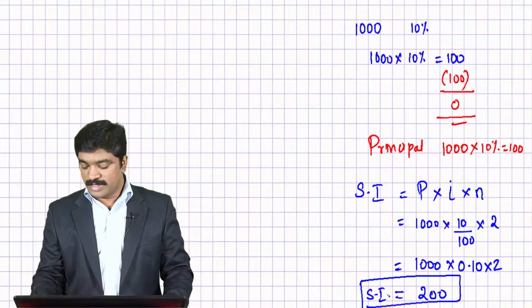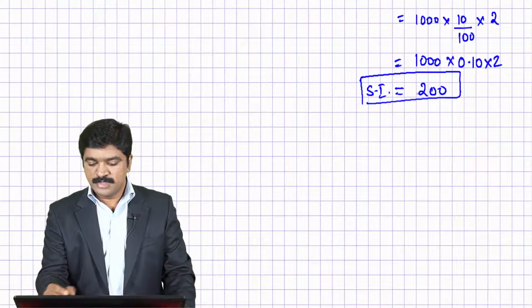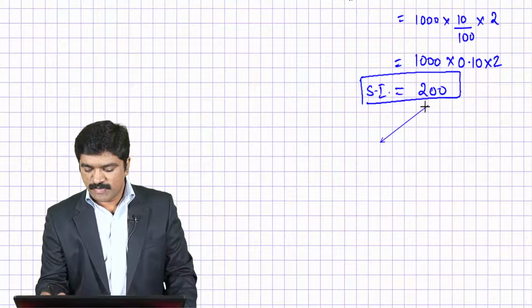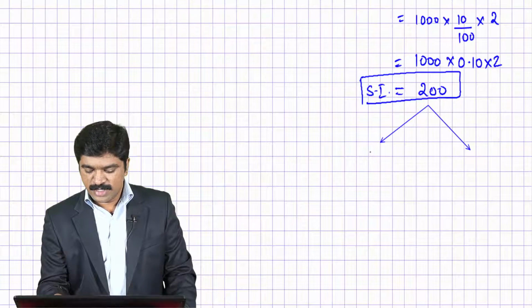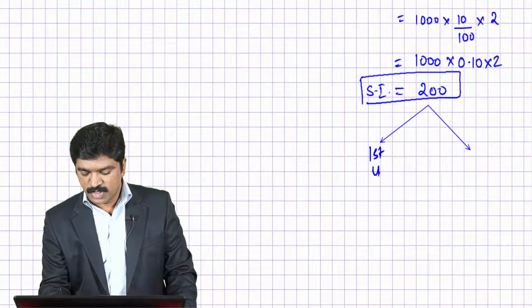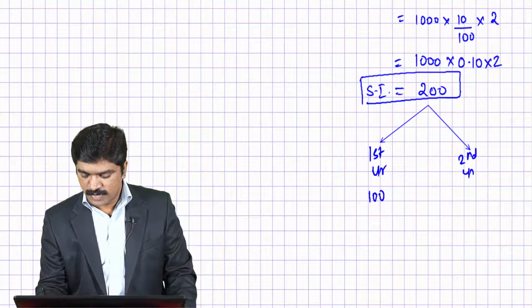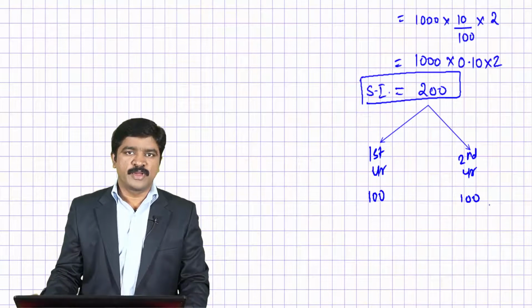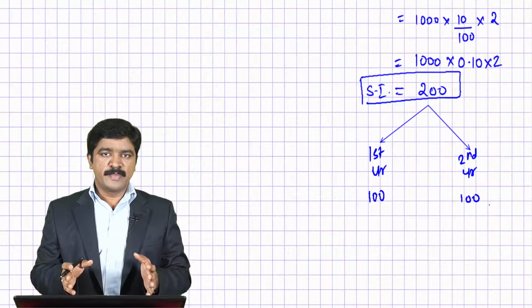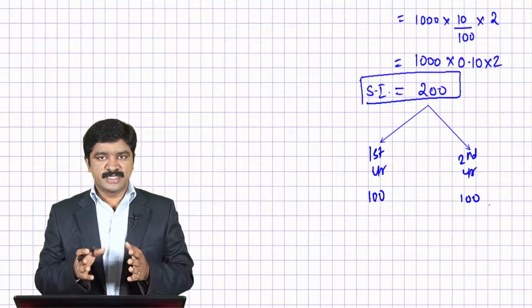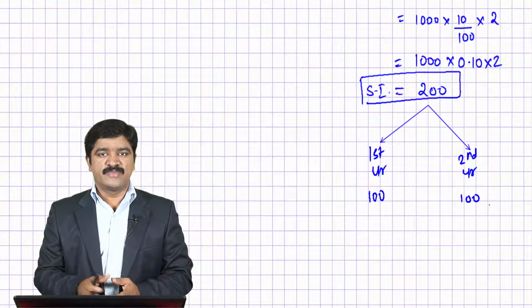That is, you are going to get this 200 in 2 parts. At the end of first year, at the end of second year. At the end of first year, you will receive 100. At the end of second year, you will receive another 100. Okay, so understand the basic assumption in simple interest, that is, interest is paid at the end of the year.